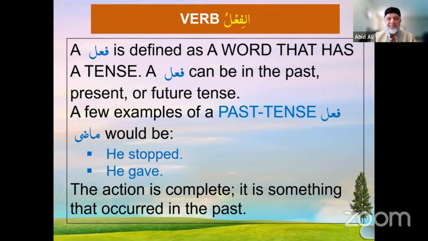So what is a verb? A verb is defined as a word that has a tense. A verb can be in the past, the present, or the future. For example, in Madi, the past tense, we said he stopped, he gave. The action is complete. It is something that occurred in the past.